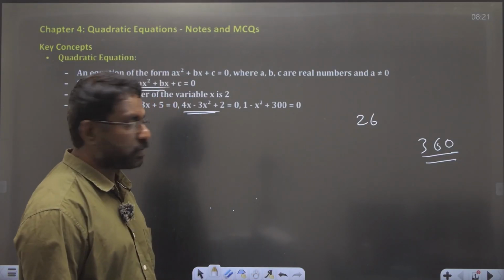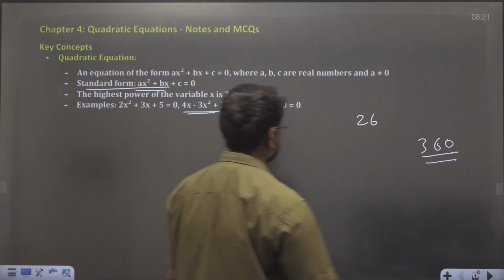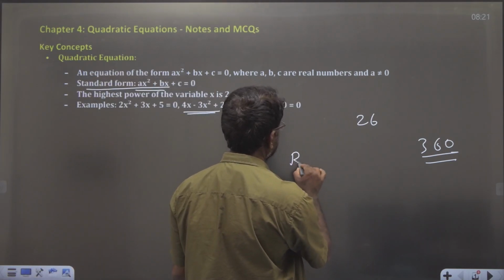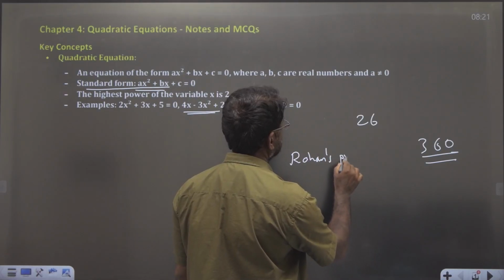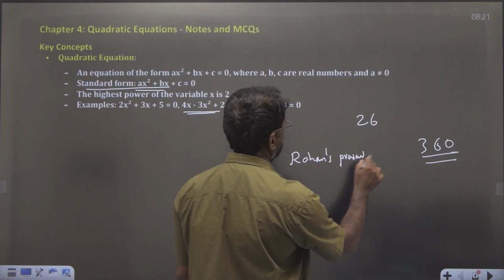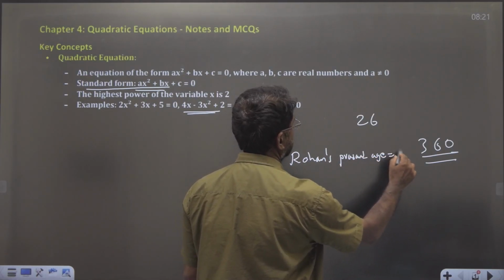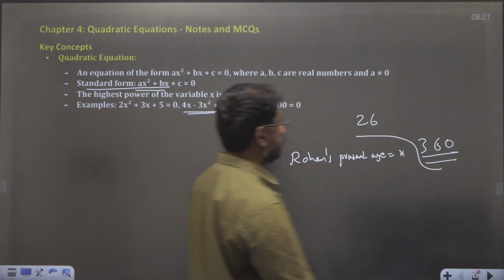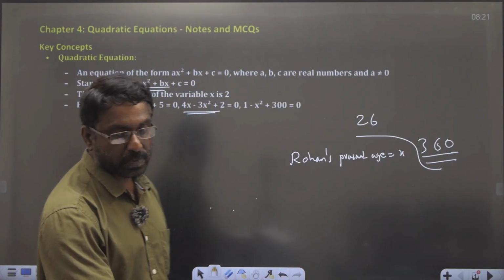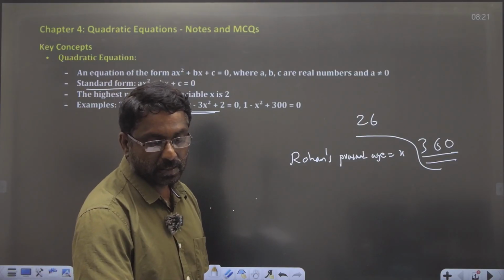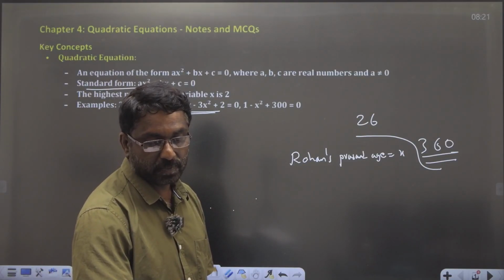So as per question, we can take Rohan's present age, what we have to find, as x. That is a method. Rohan's present age is supposed to be x years.